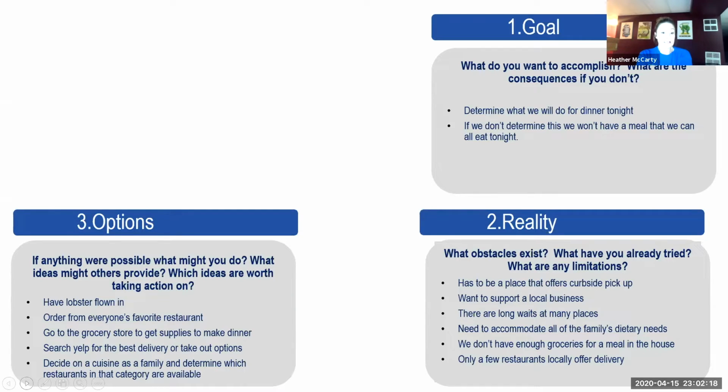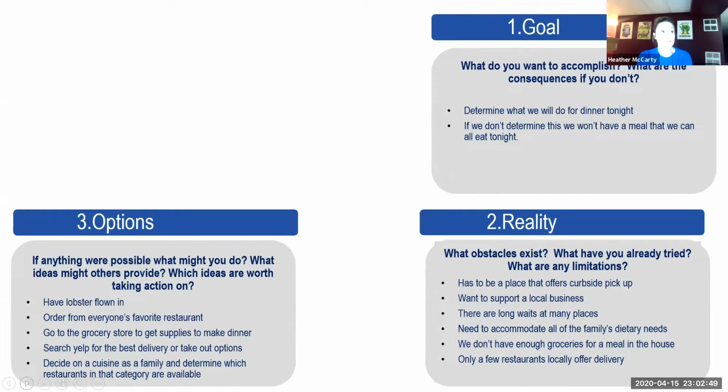Now, is that something that is realistic? Probably not, but I'm demonstrating how important it is to get everything out there, because that likely will bring up something else. Another example here is order something different from everyone's favorite restaurant. That addresses the needs of everybody in the family. Everybody gets something they want and can eat. Another option I came up with is go to the grocery store, get the things I need to make dinner at home.